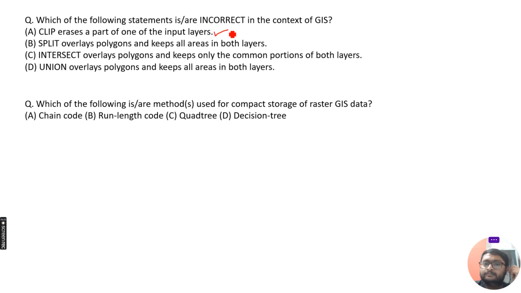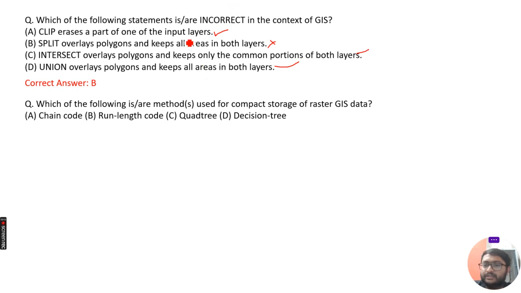B is incorrect. C is correct. D is correct. Can you tell what the problem with B is? Split overlays polygons and keeps all the areas in both layers. No, it's wrong. It does not overlay polygons; it just segments them out.